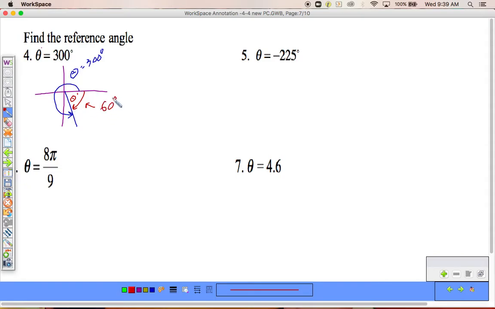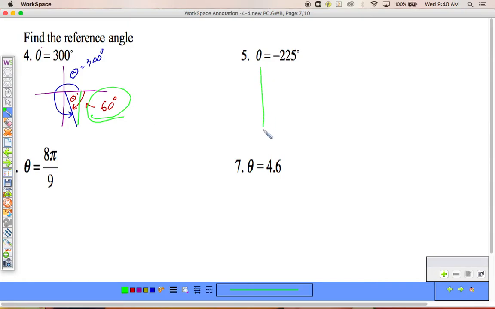And I'm not going to make it negative because I want to be able to draw a triangle and use that theta prime, and we don't do negatives in triangles. So it's going to be an angle between 0 and 90 degrees formed with the x-axis. My reference angle is 60 degrees. It's always the small angle, less than 90 degrees, that forms with the x-axis.